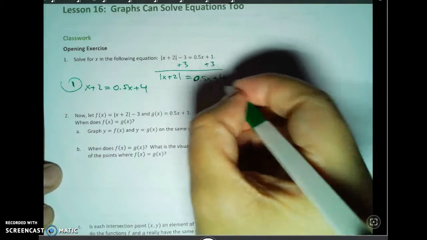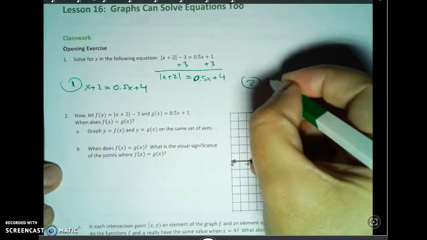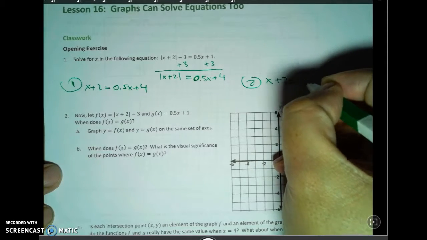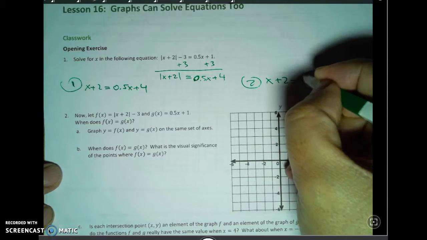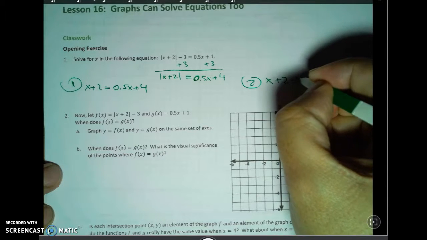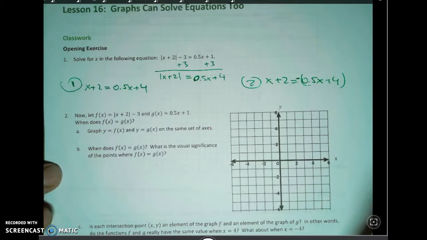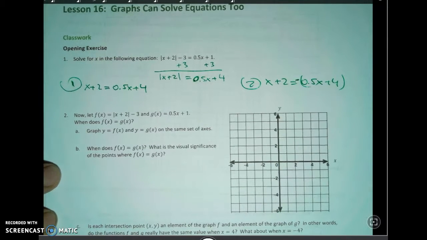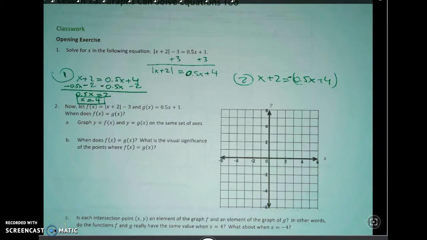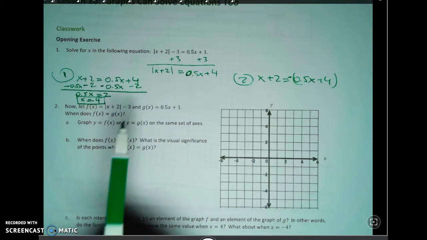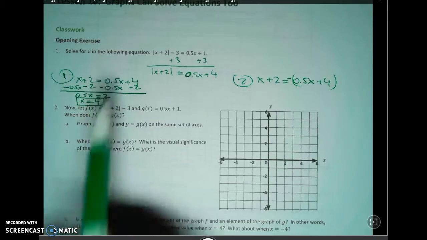And case 2 will be x plus 2 equals 0.5x plus 4, but we make that into a negative, so that's when it goes into the negative direction. Once we get our two cases, we can solve for x. This is the positive direction, and this will be the negative direction.